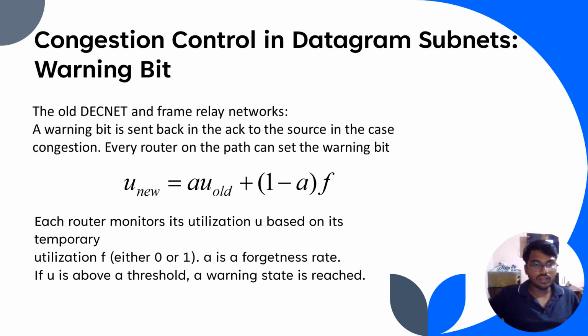It is denoted as U new equals a U old plus (1 minus a) f. Each router monitors its utilization U based on its temporary utilization f, either 0 or 1, and a is a forgetfulness rate. If U is above a threshold, a warning state is reached. Moving to the next slide.